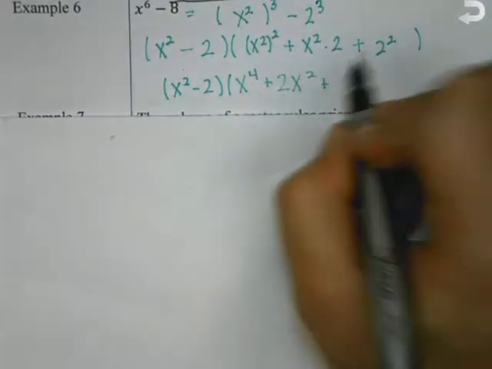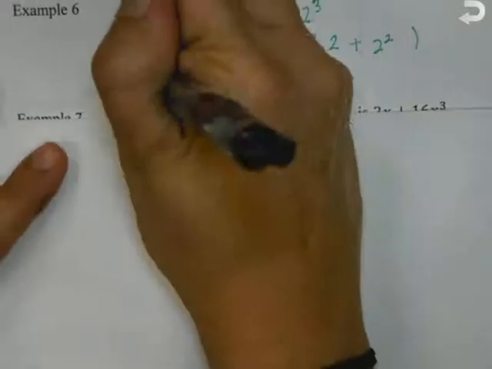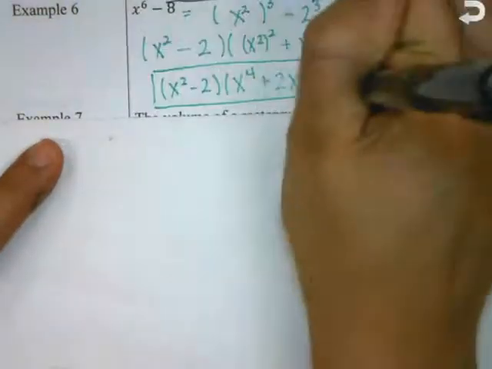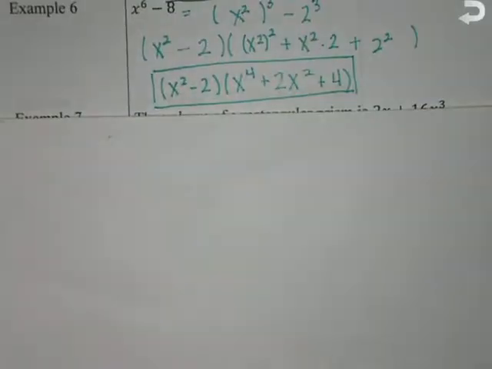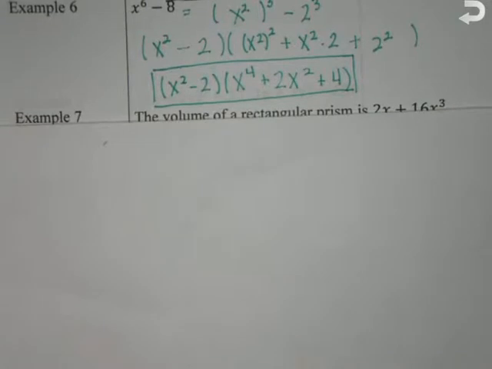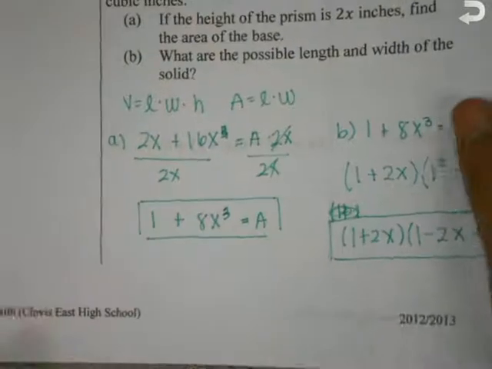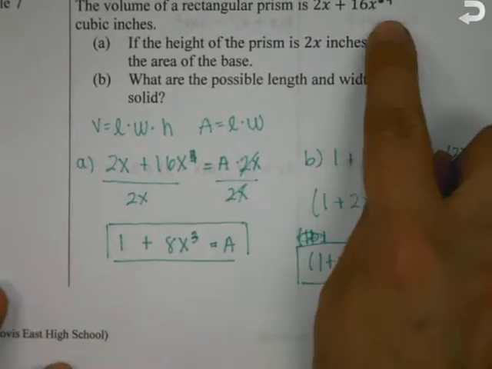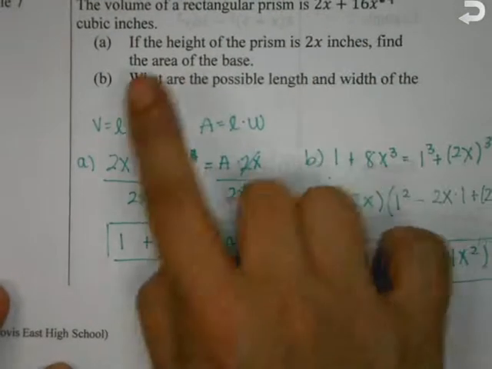Okay, the very last example is a word problem. It's a volume. Basically, you are given the volume of a prism and the height. Part A asks you to find the area, which we actually did last week. Part B asks you then to factor it out and find the possible length and width.